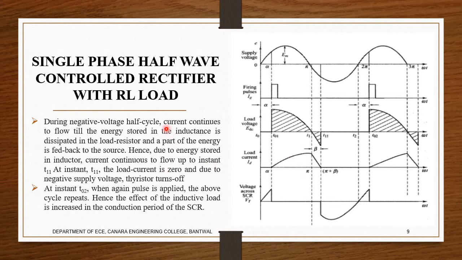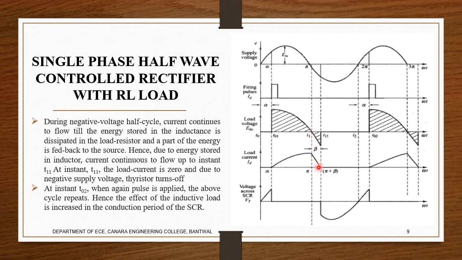So during the negative half cycle, the current continues to flow till the energy stored in the inductance is dissipated. So what is happening? The current is reducing when the negative voltage has been provided in the negative half cycle, and part of the energy is fed back to the source.